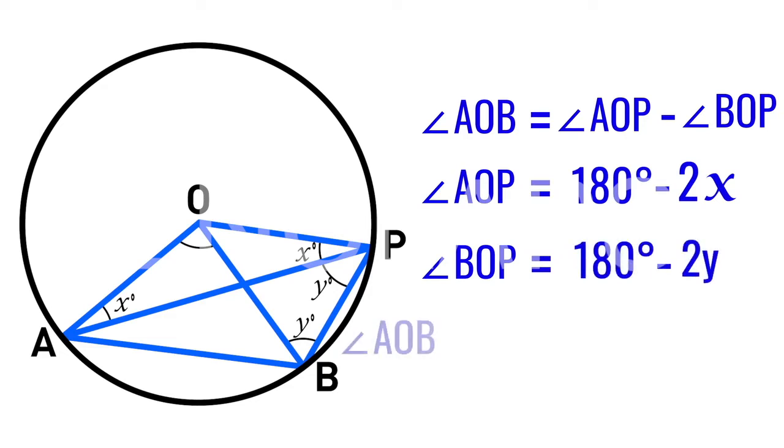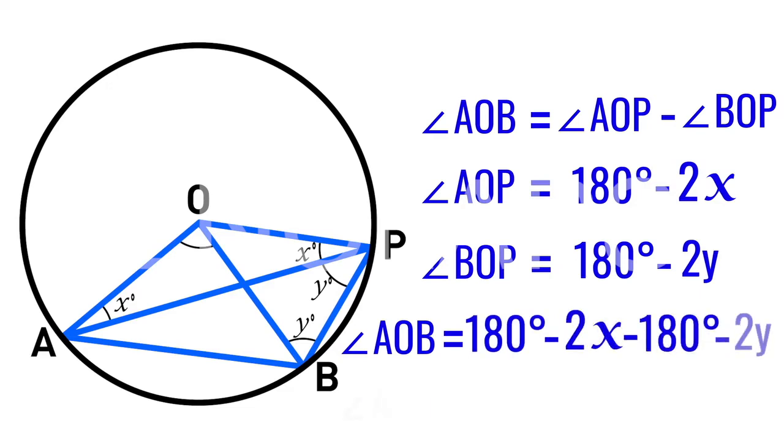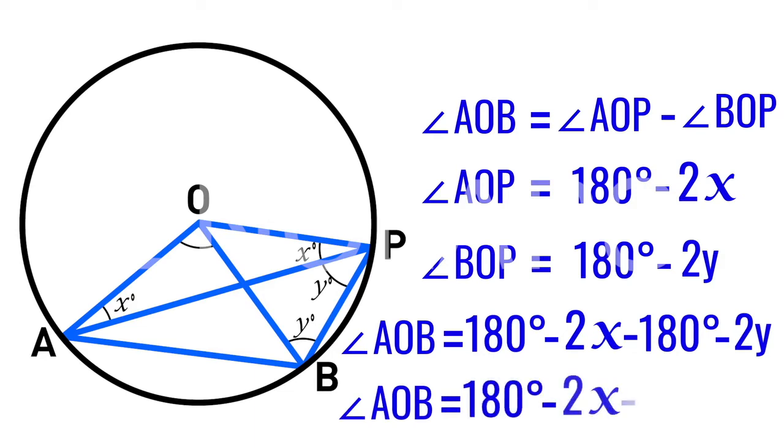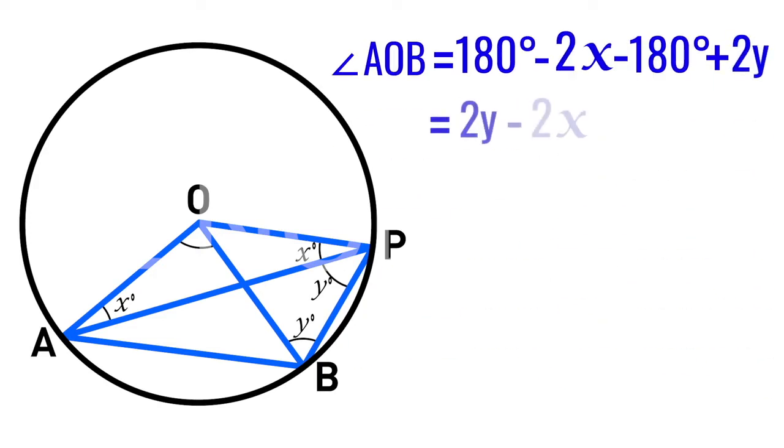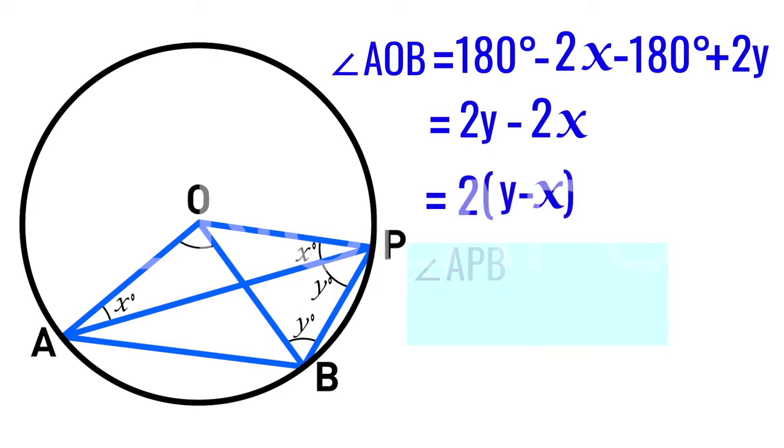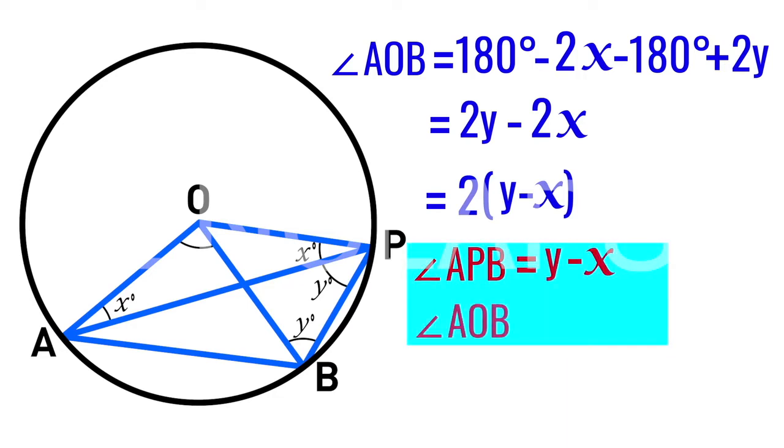Then angle AOB is equal to (180 minus 2x) minus (180 minus 2y). Angle AOB is equal to 180 minus 2x minus 180 plus 2y. That is 2y minus 2x. The plus 180 and minus 180 will cancel out each other. So 2 into (y minus x). Now we got angle APB as y minus x and angle AOB as 2 into (y minus x).